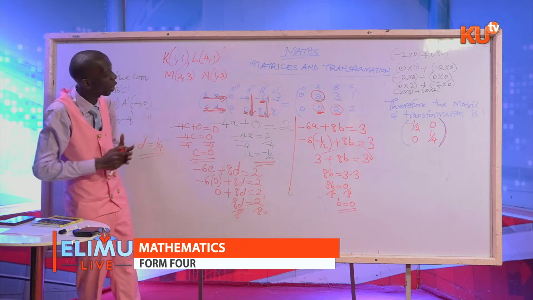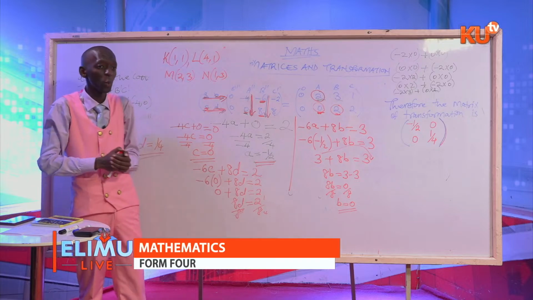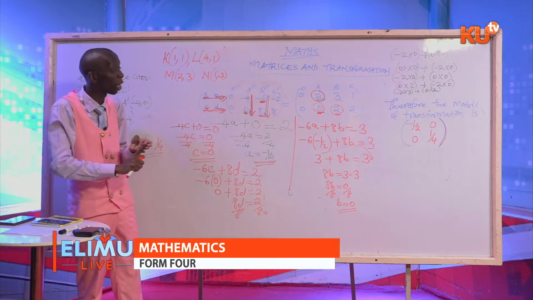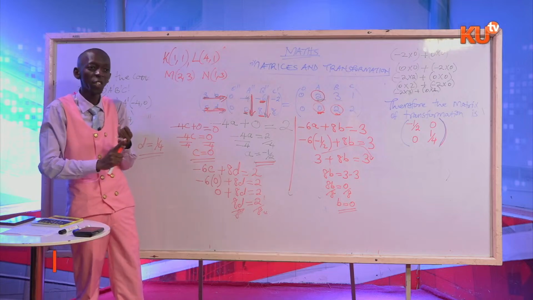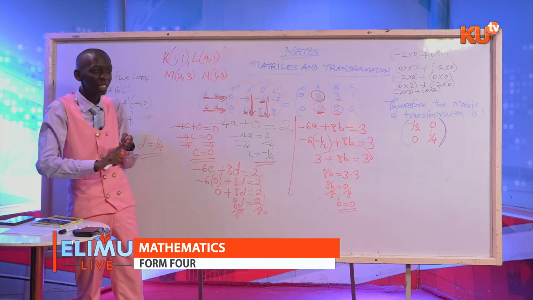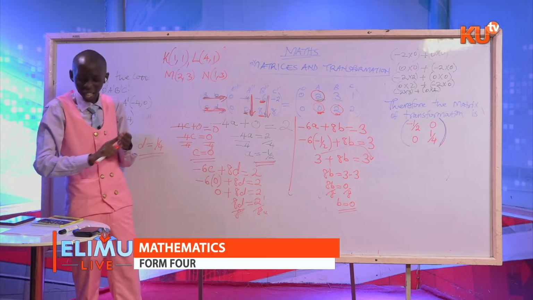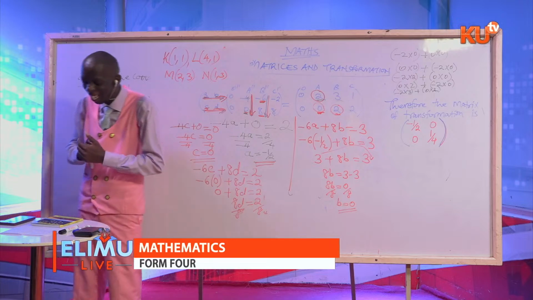What is a quadrilateral? A quadrilateral is a four-sided figure. As we said in the polygons, we have quadrilateral, four-sided polygon; pentagon, 5; hexagon, 6; heptagon, 7; octagon, 8; nonagon, 9; and decagon. Yeah, I can hear you from home saying decagon is 10, a 10-sided polygon.